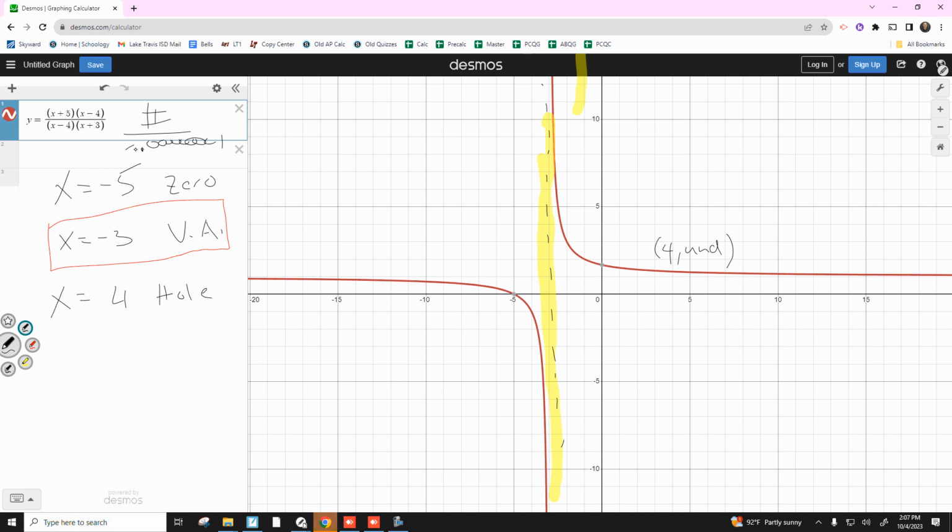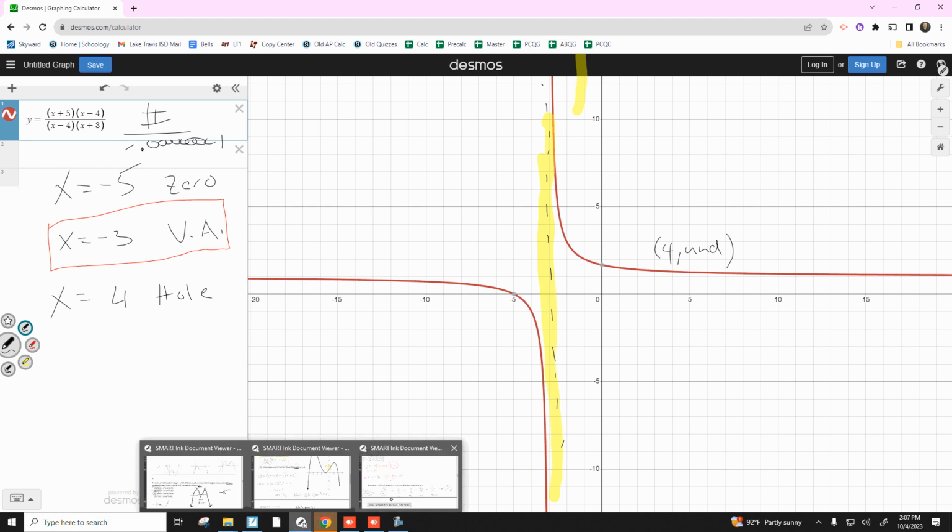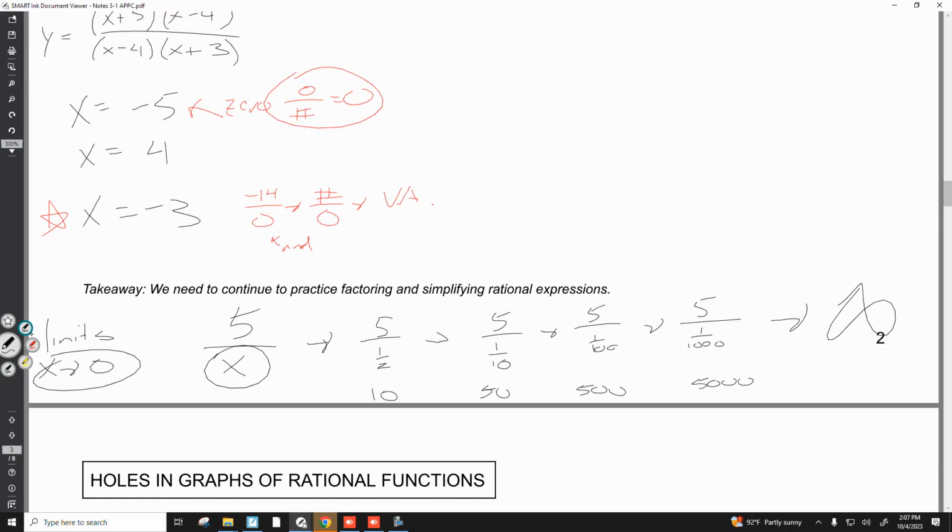This is the why behind numbers over 0 meaning vertical asymptote. So, number over 0, boom. You get a vertical asymptote, and this is the why. Because as this gets closer to 0, the division of this number by this number close to 0 will produce these bigger numbers on both sides.